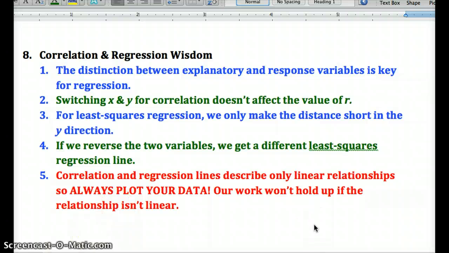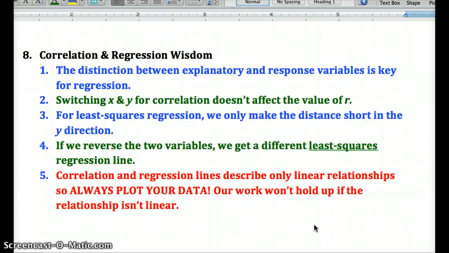So some general advice. The distinction between explanatory and response variables is key for regression. It's really important. When we looked at correlation, we could switch the two because it didn't matter which was on the x-axis and the y-axis, because we're just looking for an association. When we're looking for a predictor, because the regression line is trying to minimize the distance in y, our goal is to have the smallest distance between our predicted response variable and what we actually get.